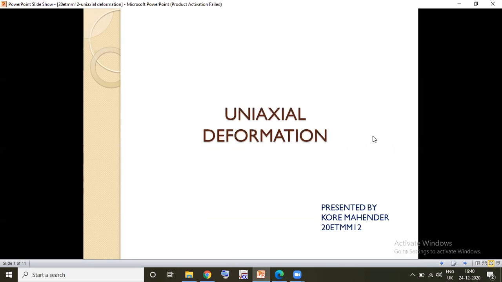So in this first series, we are going to learn the various types of deformation processes and their behavior on the properties of a material. First, we are going to see the uniaxial deformation. Deformation is nothing but the plastic region of a system.